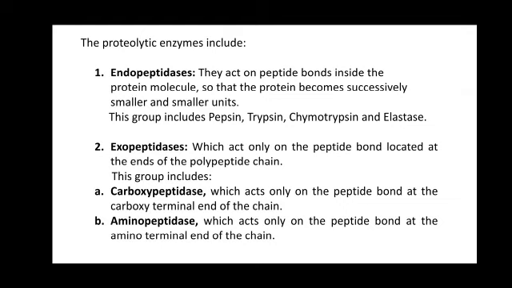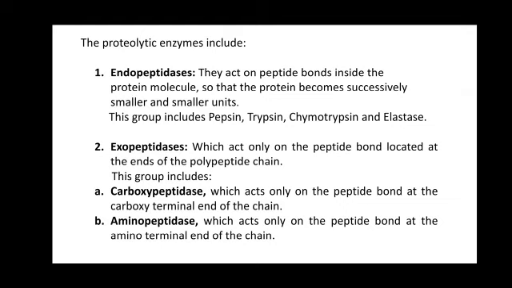What is endopeptidase? They act on peptide bonds inside the protein molecule so that the protein becomes successively smaller and smaller units. This group includes pepsin, trypsin, chymotrypsin and elastase, whereas exopeptidases act only on the peptide bonds located at the ends of the polypeptide chain.